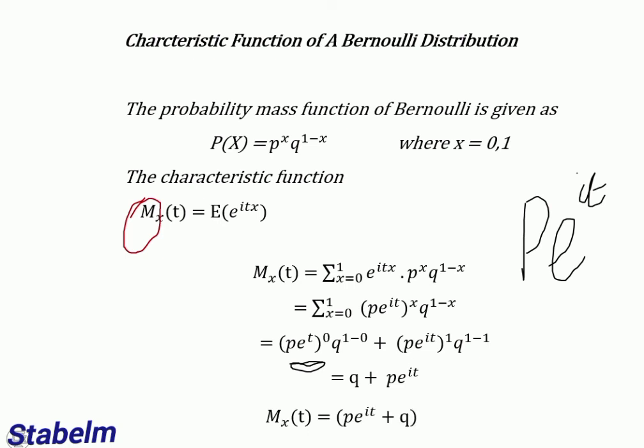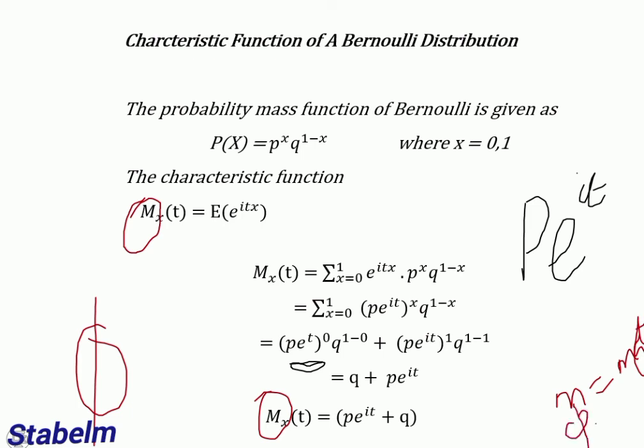But we shouldn't forget that in some textbooks this m is written as phi. Instead of m, we use phi. They use m for moment generating function, then phi for characteristic function.